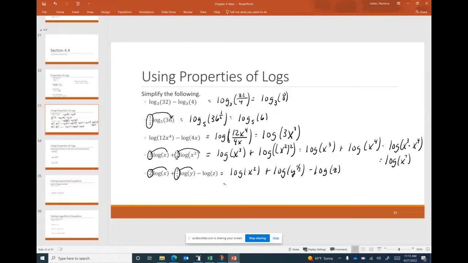So when I combine this to a single log, it becomes the log of, okay, the log of x squared, that's a positive logarithm, so x squared will go up here in the numerator. Another positive logarithm, log y to the 1/3, so y to the 1/3 will become a product in the numerator. Then I have a negative logarithm, so that z is going to need to go down in the denominator.